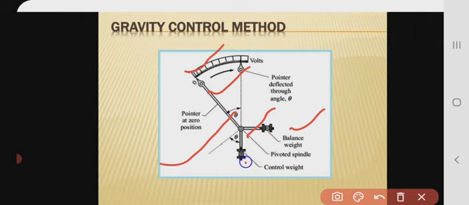This is the control weight, and the pointer deflects through angle theta, and here the pointer is at zero, moving to angle theta. This is all about the diagram of the gravity control method.